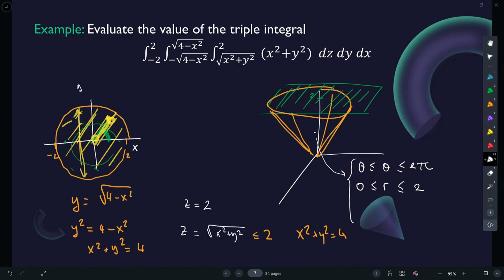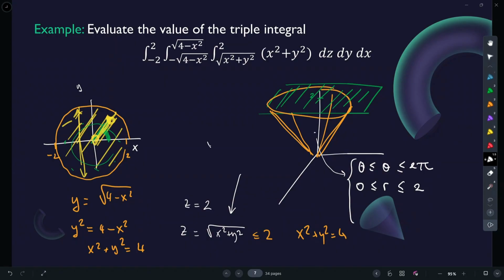And now the z coordinate, let me write first the lower bound. The bounds for the z coordinate change a little bit because I need to transform that expression now into cylindrical coordinates.